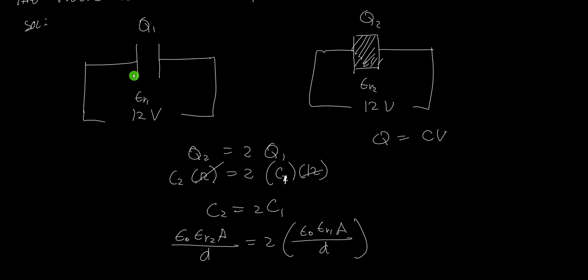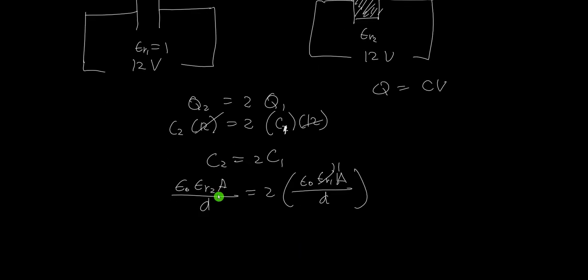But remember, the first one is a free space. And what is the relative permittivity when we are in free space? We just remove that, because that's just equal to 1. We just use epsilon naught. Remember that. So if this is epsilon R1, in free space or air, that's just equal to 1.